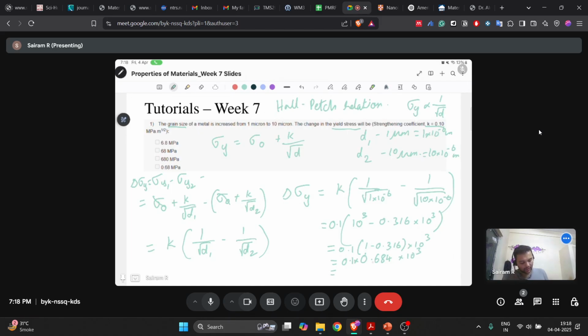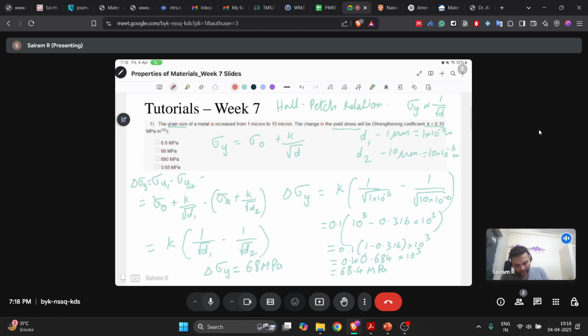So it will be 68.4 MPa, which the nearest value would be 68 MPa.